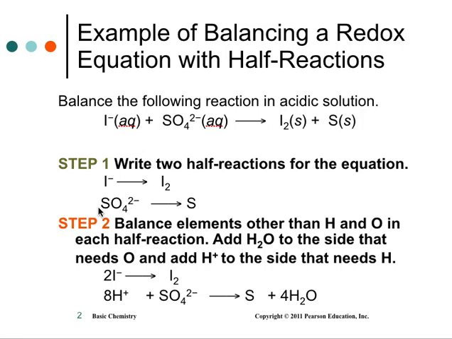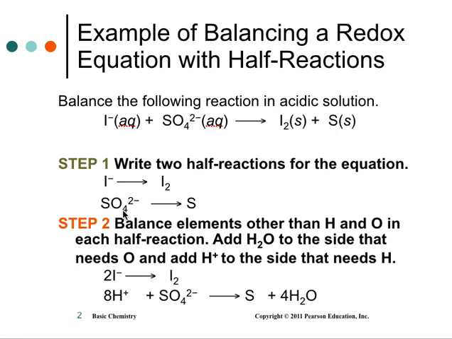Okay. The next thing you're going to do is you're going to balance oxygen. So oxygen, the way you balance an oxygen is if you need oxygens on the other side to balance something, you add waters equal to that amount of oxygen. So let's look at the sulfur. SO4. How many waters do I need?